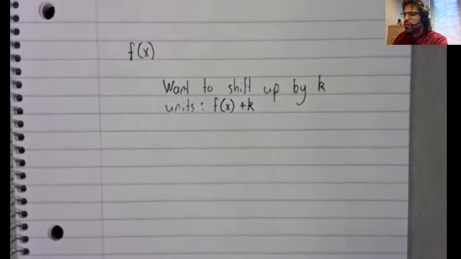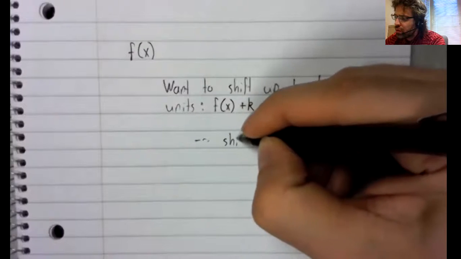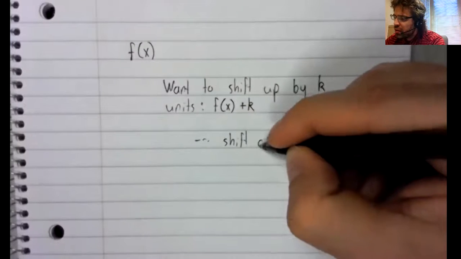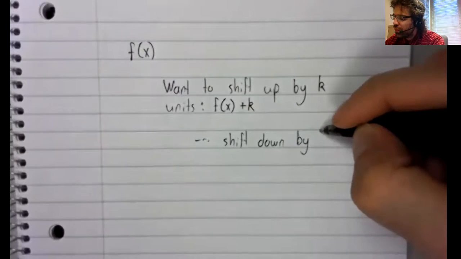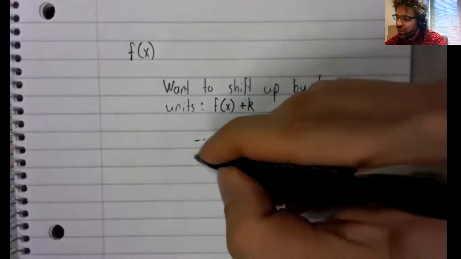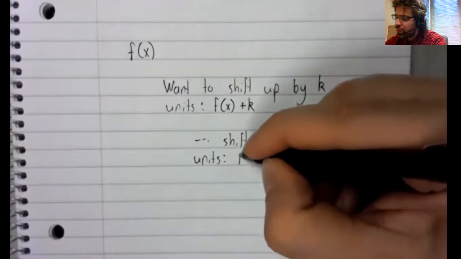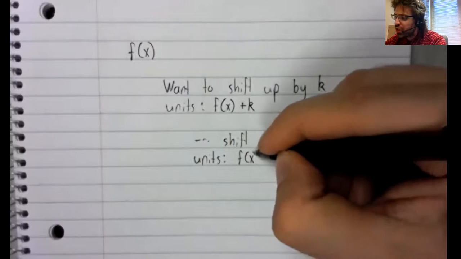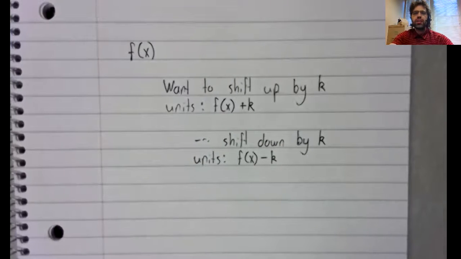Well, now that you've seen that, probably the next thing we do won't be very surprising. If instead of wanting to shift up, we want to shift down, then instead of addition, we have subtraction.